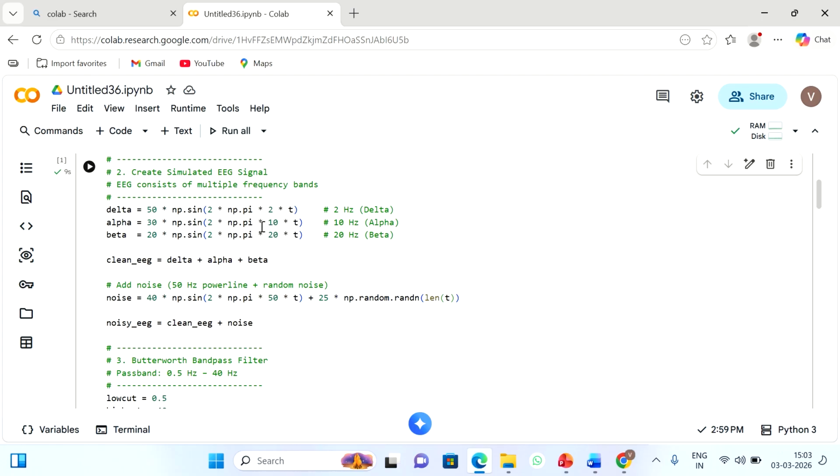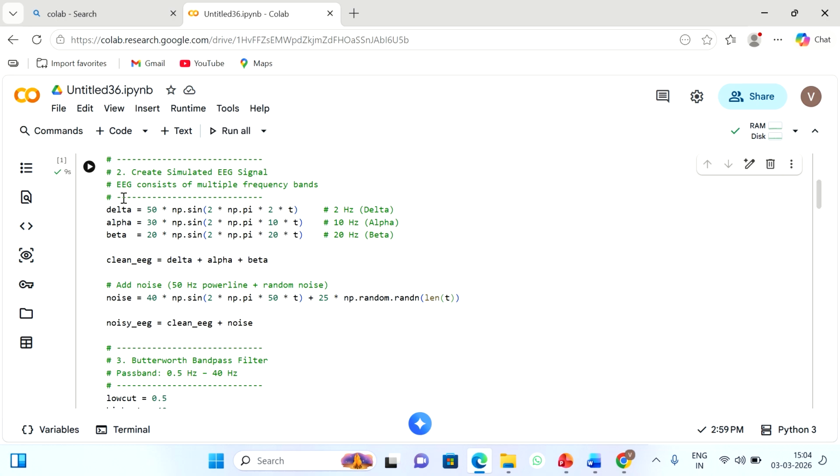In the same way, alpha is 30 np.sin(2 pi 10 t). Here 30 is the magnitude and 10 is the alpha frequency. Then beta is 20 np.sin(2 pi 20 t), so 20 is the frequency of the beta waveform.